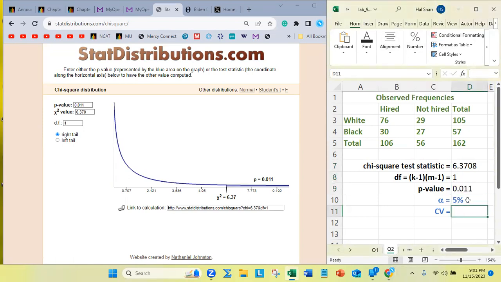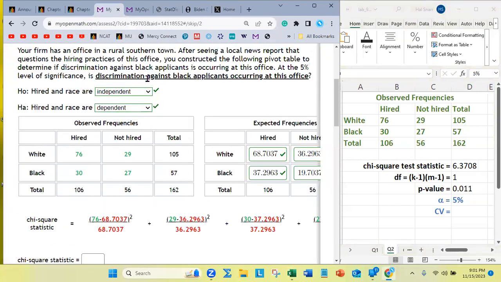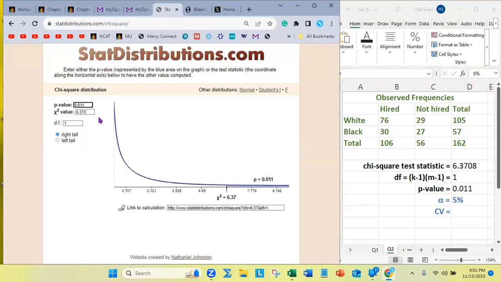Okay, now I need my critical value for the test. So this is my significance level of the test. Let me double check that. The significance level is 5% right there, right? So I'm using 5% level of significance. So I'm going to change the p-value box here to 5 to represent the significance level. So this area here is my significance.